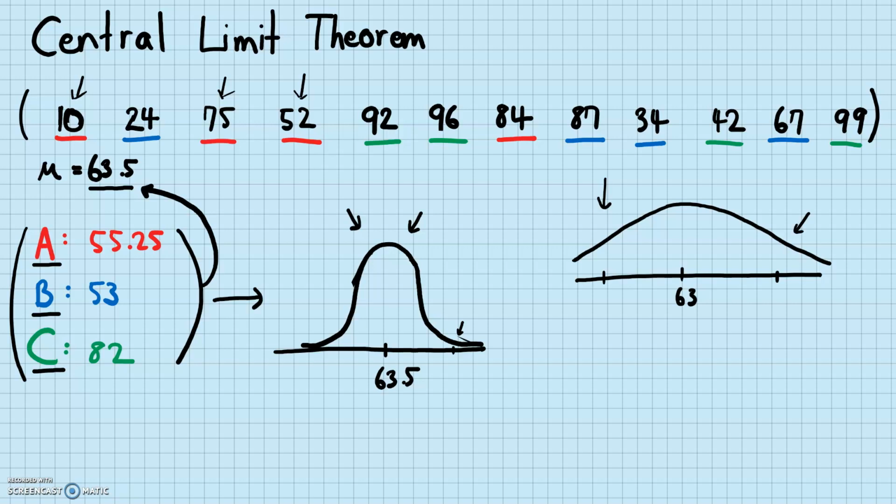Okay, I'm hoping that I'm making some sense here. So if you take random scores and then take the average of those scores, it's going to become more like a normal distribution. The scores are going to become closer to where the average is.